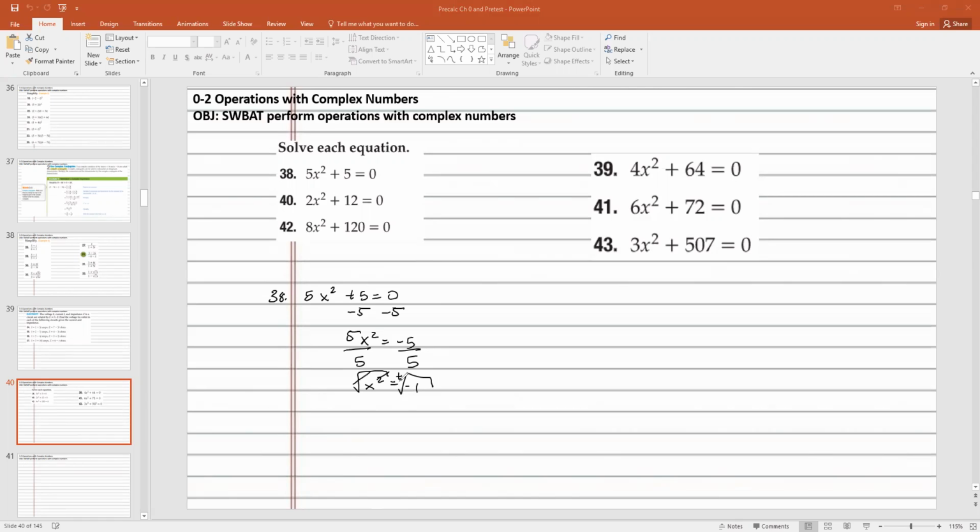And whenever you square root both sides, you need to put plus or minus. Unless you're talking about distance, because distance is just positive. Okay, but here we have plus or minus, and the square root of -1, we know that as i. There you go.